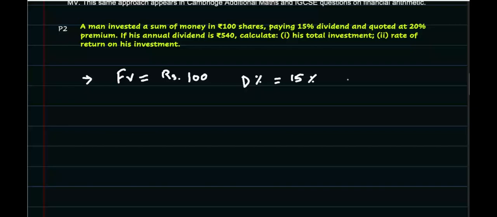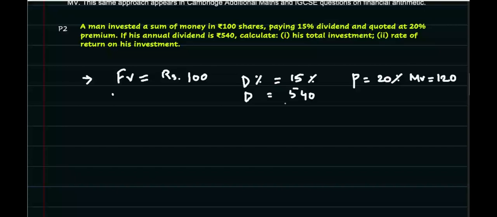And premium is how much? 20%, which means 120 is the market value of the share. Annual dividend is how much? Dividend percentage is given, but dividend is how much? 540. Understood?